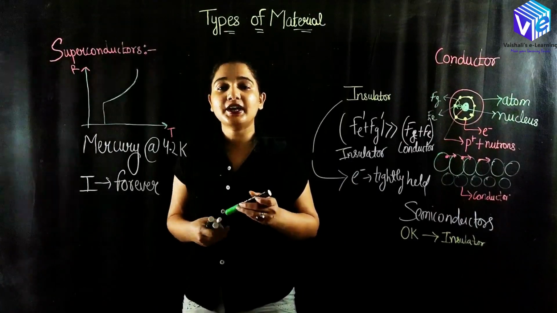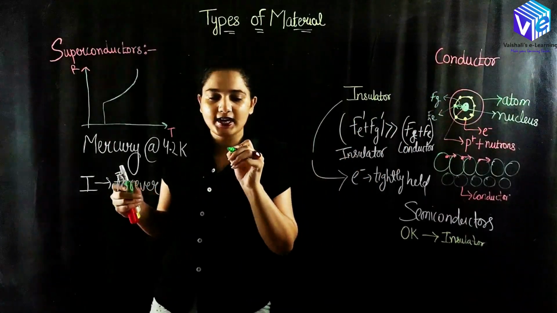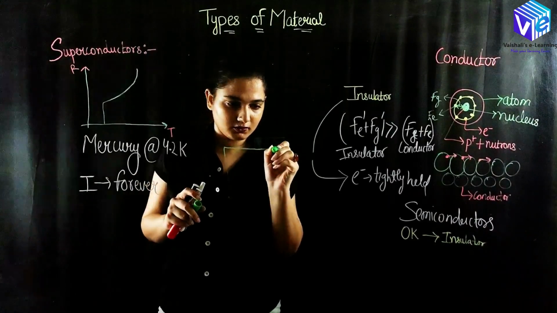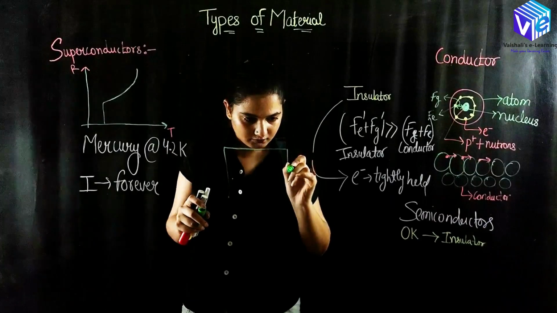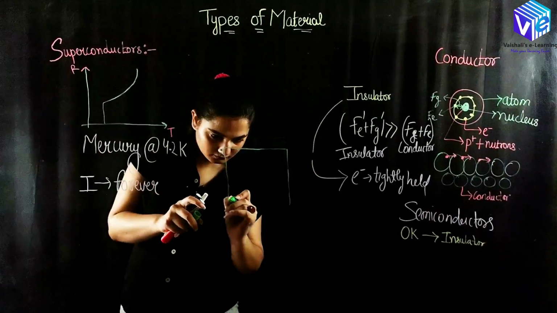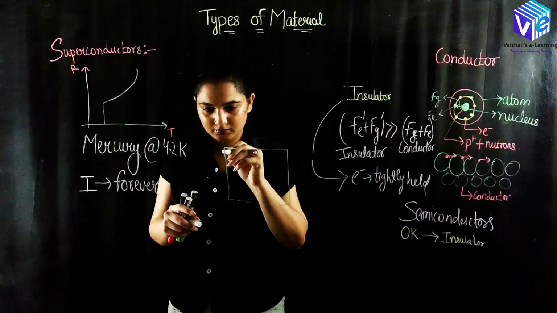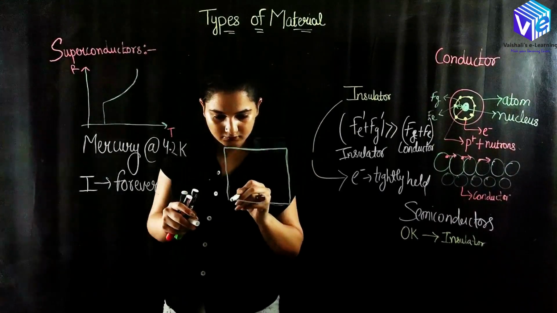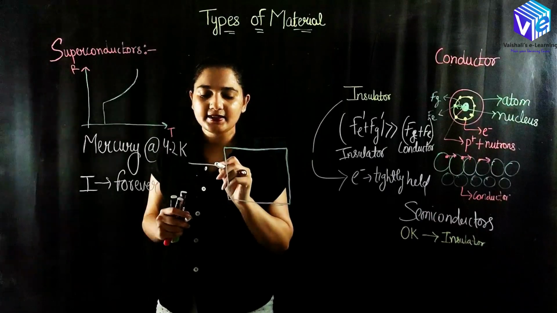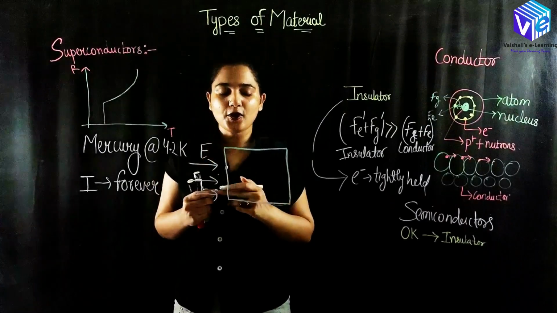So we have the conduction current. I have already told you about the conductor, so let's suppose this is my conductor. If I am applying some external electric field E on this conductor, what will happen?